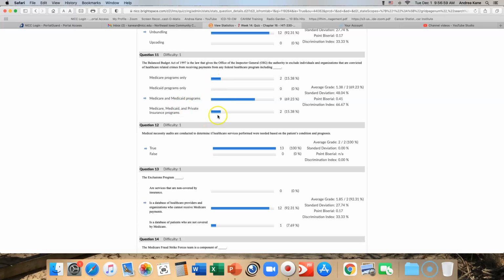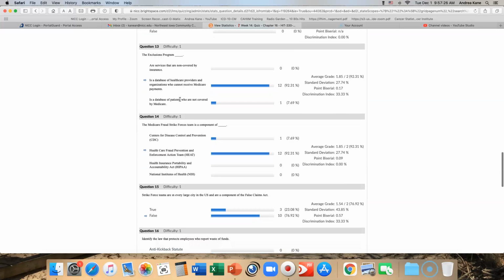Even though 5 people didn't get it wrong, I wanted to address it because this is important that you know. Medicare and Medicaid are part of the OIG, and the federal government oversees them, even though Medicaid is run by the states. It's half funded by the feds, half funded by the state, and then there are fed programs that cover Medicaid, like the OIG for fraud and abuse.